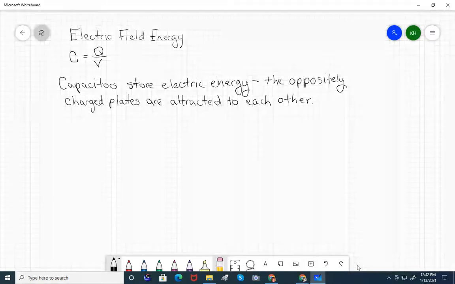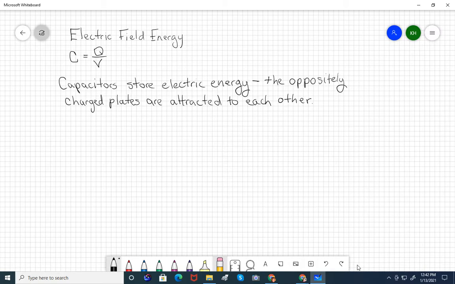The formula for the energy may or may not be obvious, but we'll look at it like this. The amount of work done, remember earlier we had this formula, so it looks like the work done in charging a capacitor should be QV.